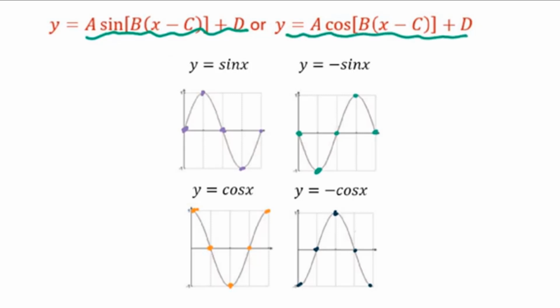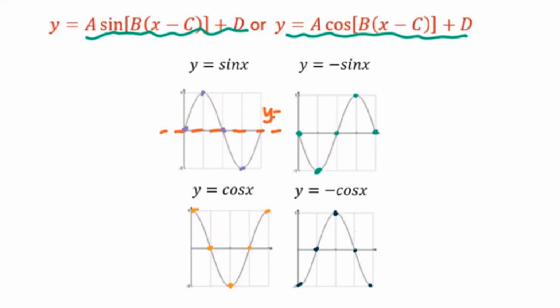So we need to figure out on the graph where you can find the A, B, C, and D so that you can write down the transformed form of a sine and a cosine function. First of all, we will draw the midline for each graph.